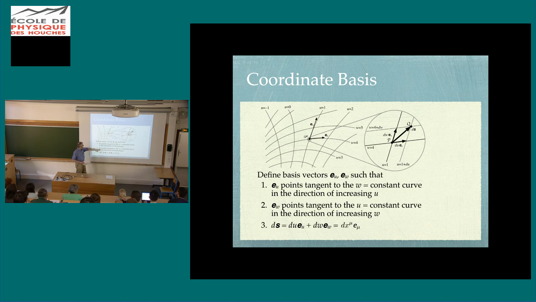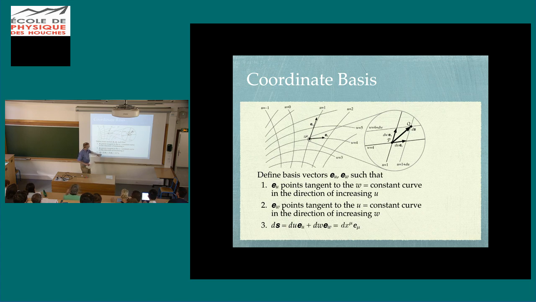And similarly, I'm going to define an e sub w basis vector. It points tangent to a u equal constant curve in the direction of increasing w. That defines the directions of those basis vectors.